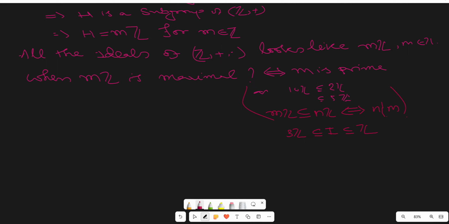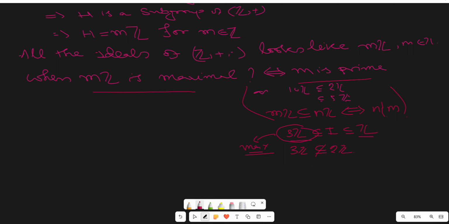There will not be anything in between 3Z and Z. 3Z is not contained in 2Z, right? So 3Z is only contained in Z, so 3Z is maximal. Are you getting my point? So mZ is a maximal ideal if and only if m is a prime number. So it is clear, right?